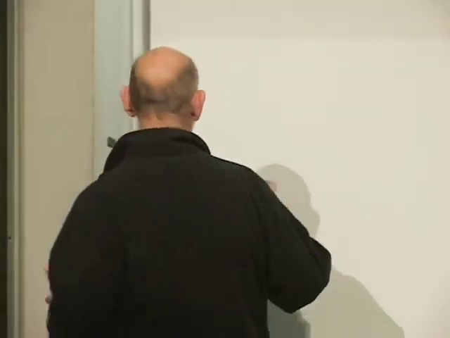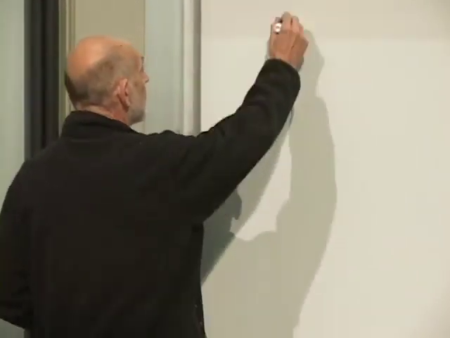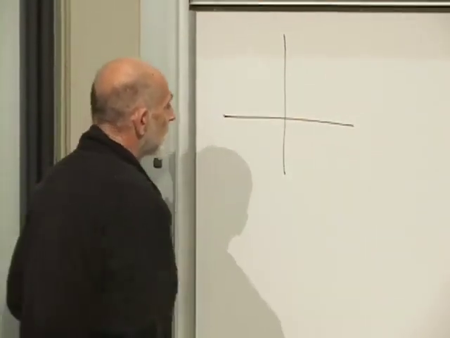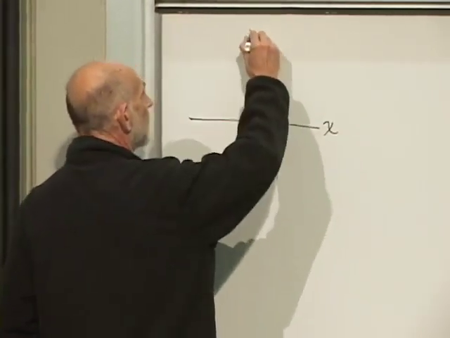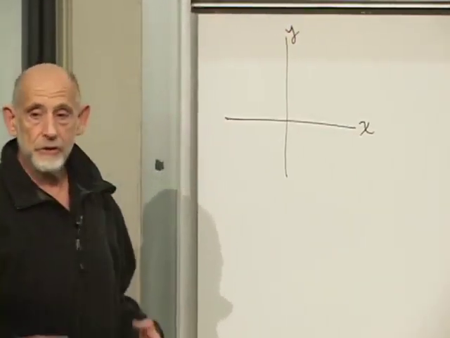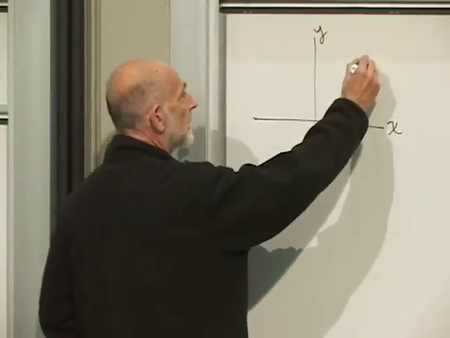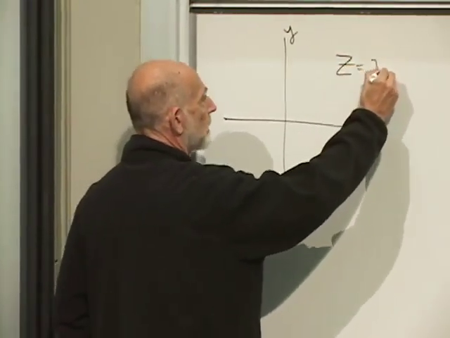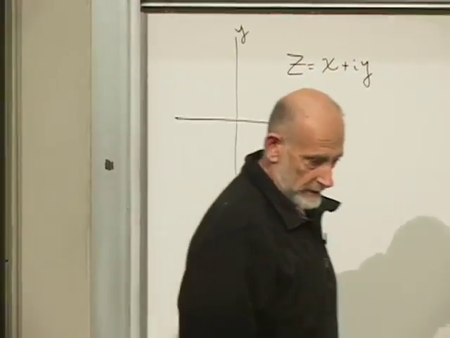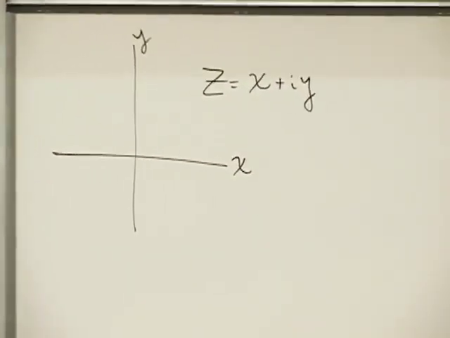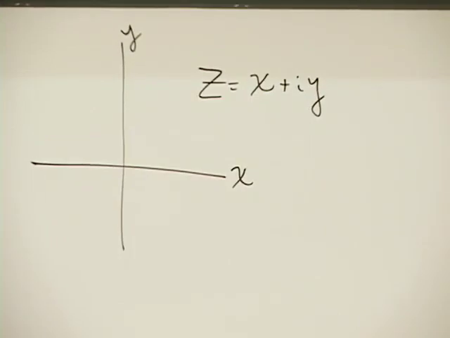A conformal mapping is a mapping of the plane, the xy plane, to itself. So here's a Cartesian plane described by x and y, and let's use a complex coordinate, z equals x plus iy. A usual complex notation representing the plane.